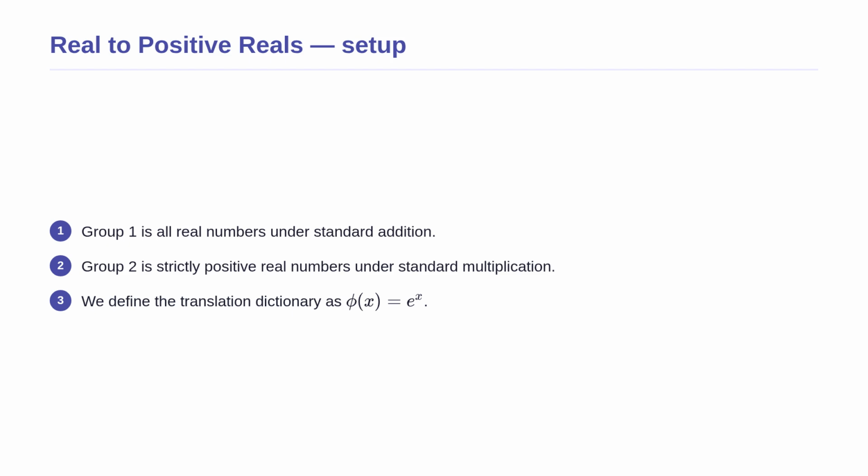We want to prove that these two completely different looking groups are actually isomorphic. To do this, we must invent a translation dictionary that connects every real number to a positive real number. We choose the exponential function, e to the power of x, because it naturally turns addition into multiplication.